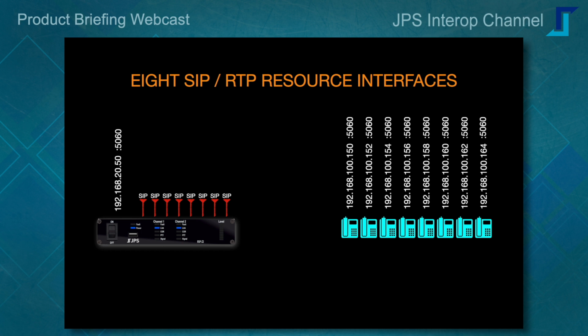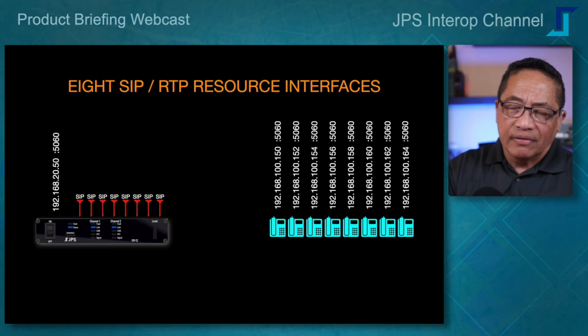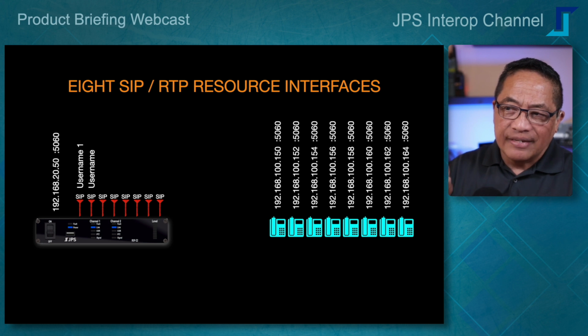which my telephony devices use, and the RSP-Z2 also has to use. But because I have 8 resources in the RSP-Z2, I have to somehow share or multiplex that signaling through that 5060 port, which can become complicated. So the way we differentiate the 8 or up to 8 SIP resources in the RSP-Z2 is to assign them usernames.